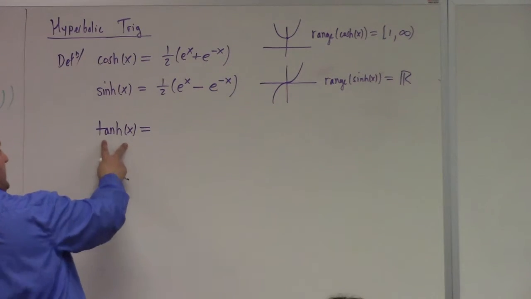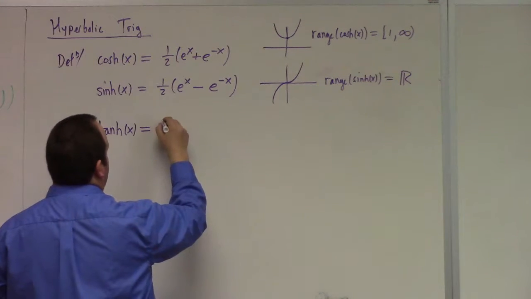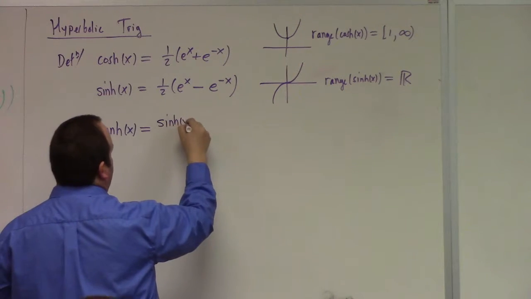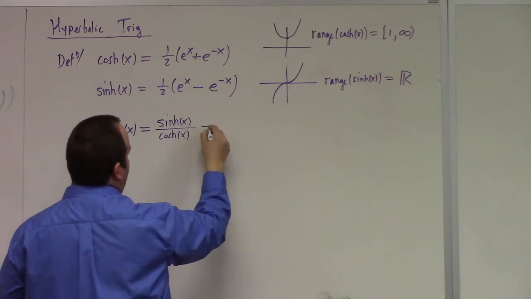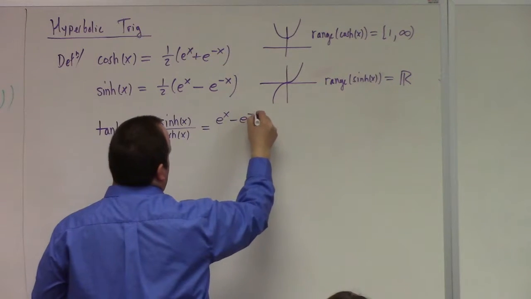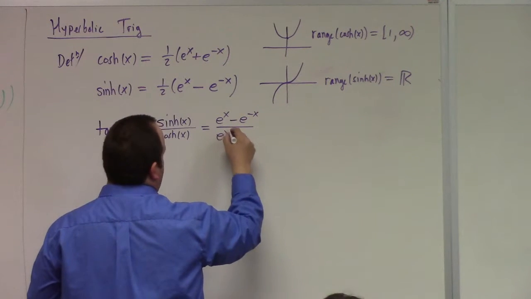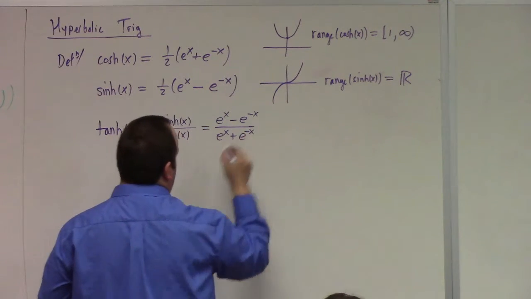I didn't talk about this yet, but what is the hyperbolic tanh going to be defined by? Whatever floats your boat. I would say sinh over cosh is its definition. Of course, you could say, no, its definition is e to the x minus e to the minus x over e to the x plus e to the minus x, and I couldn't really argue with you.